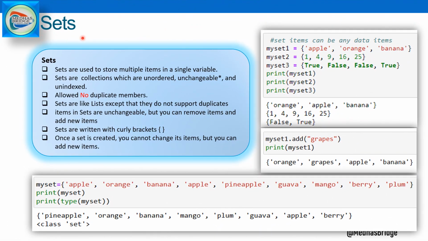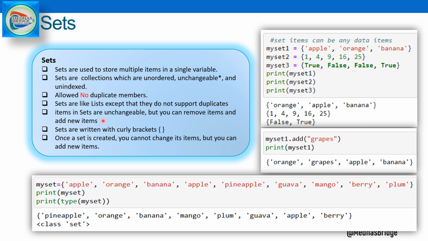Now sets. Sets are used to store multiple items in a single variable. Sets are collections which are unordered, unchangeable and unindexed. Sets allow no duplicate members. Sets are like lists except that they do not support duplicates.